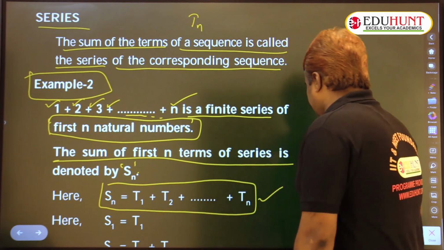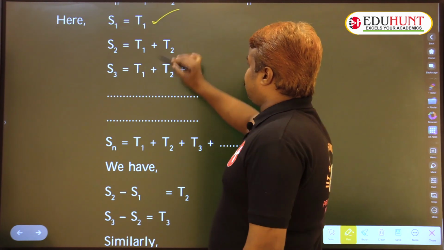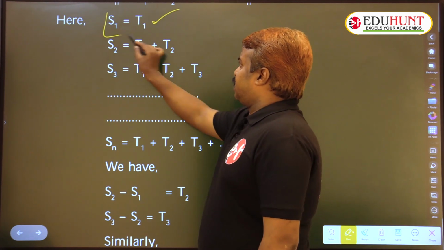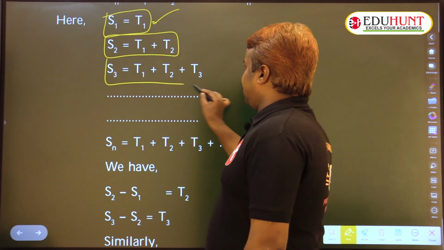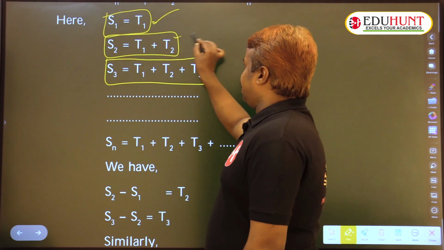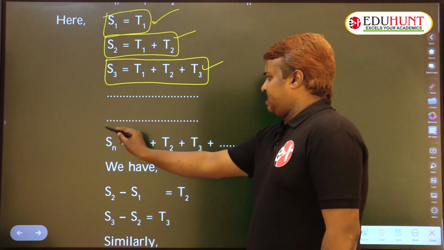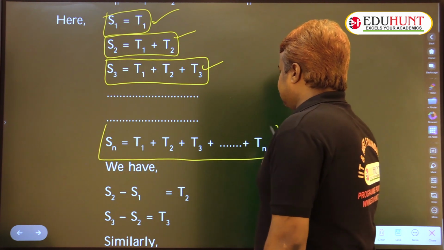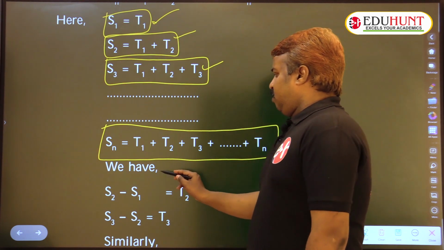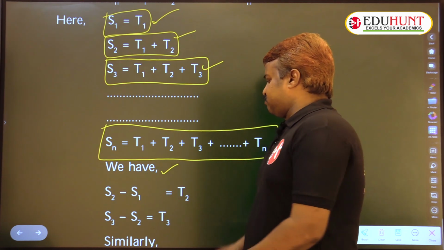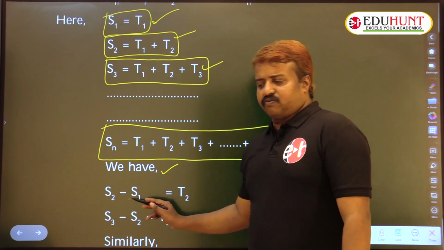So S1 is equal to T1. S2 is equal to T1 plus T2. Similarly S3 is equal to T1 plus T2 plus T3. So on, Sn is nothing but T1 plus T2 plus T3 so on Tn. Now S2 minus S1: to get the second term, sum of 2 terms minus the first term gives the second term.